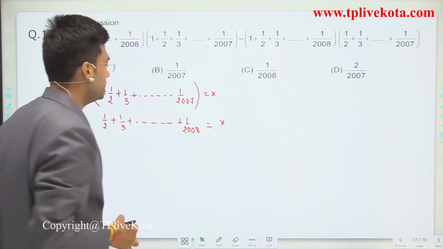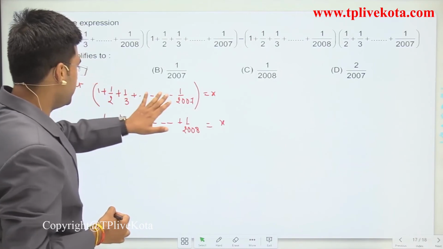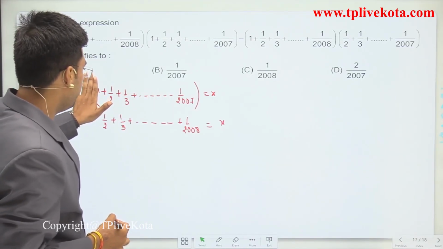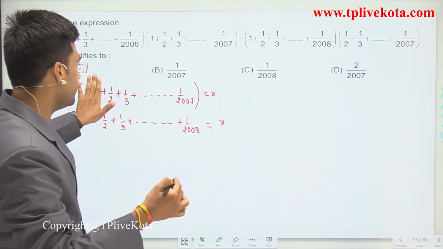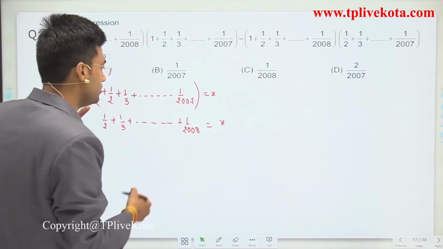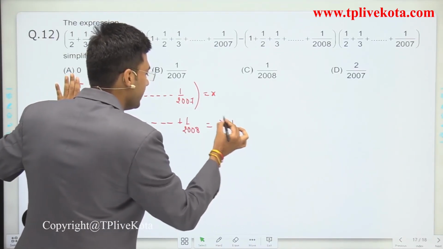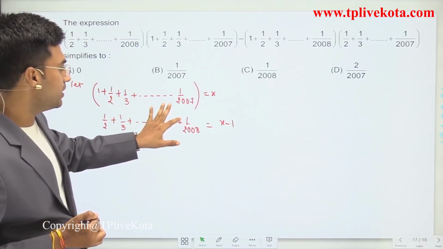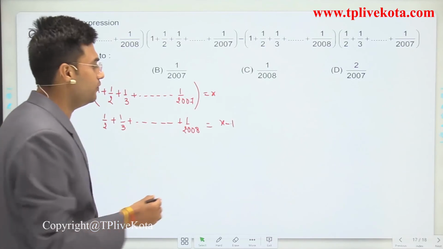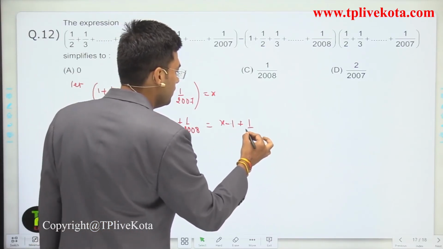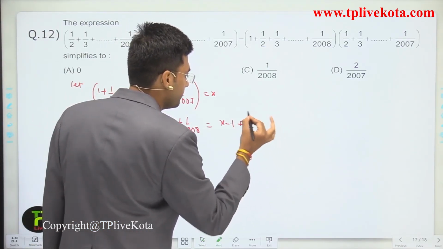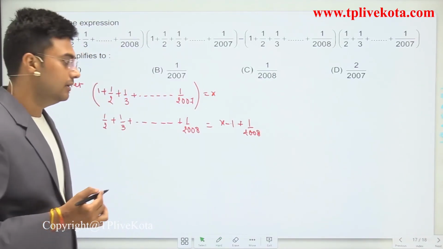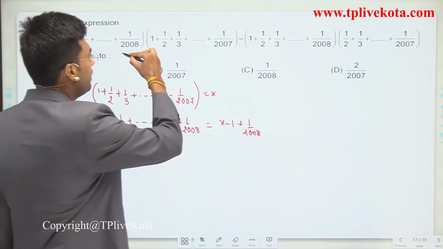Students, if we observe in this expression, if we remove 1, then we will get 1 by 2 plus 1 by 3 up to 1 upon 2007. So we can write it as x minus 1. But in this expression, the last term is 1 upon 2008. So we have to add 1 upon 2008 here.